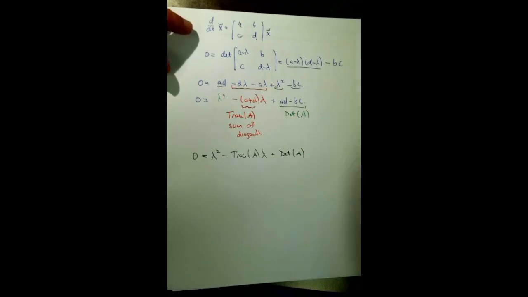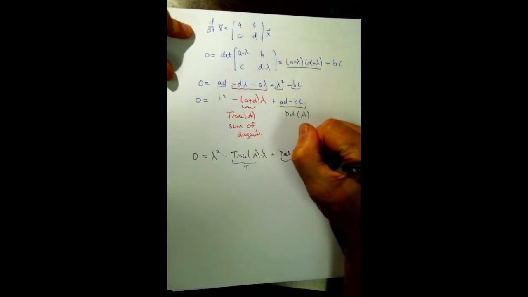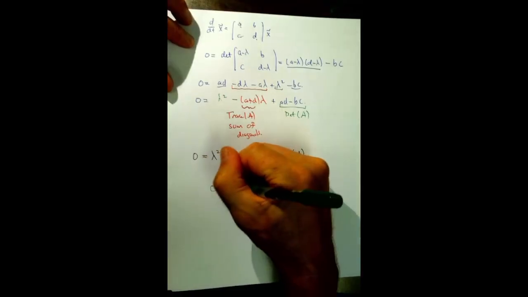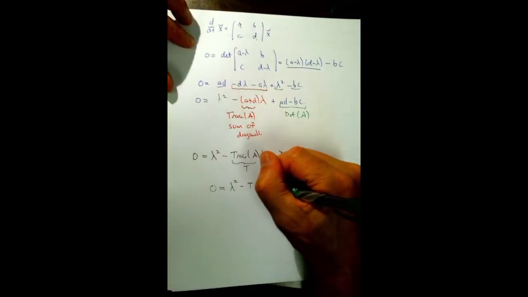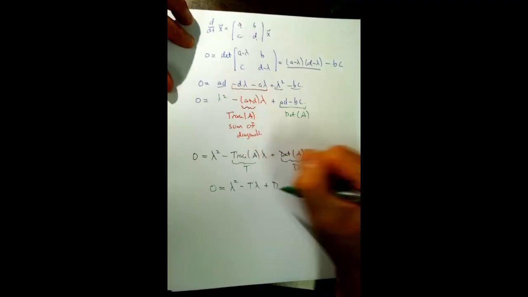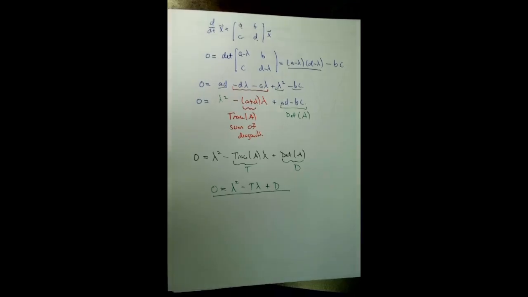Just to make this easier, I'm going to call the trace T, and I'm going to call the determinant D. So I'm now working with 0 equals lambda squared minus T lambda plus D. And knowing the trace and the determinant is going to tell me what the values of lambda are.